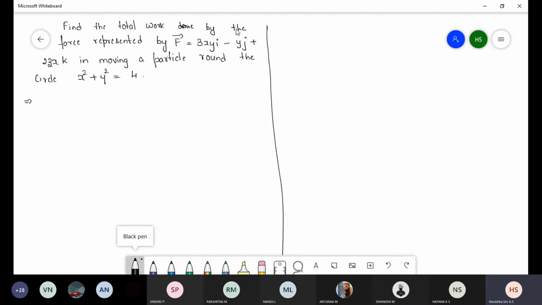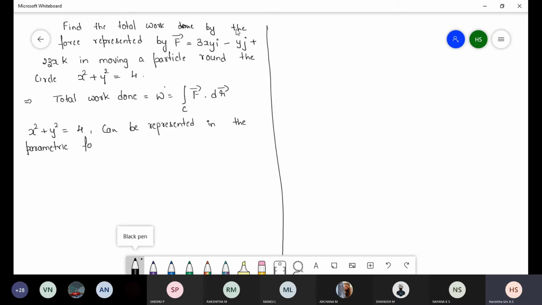So here first we have to write the formula for total work done. Total work done W is equal to integral over the curve C vector f dot vector dr. So here they have mentioned the circle, x square plus y square is equal to 4, which can be represented in the parametric form.